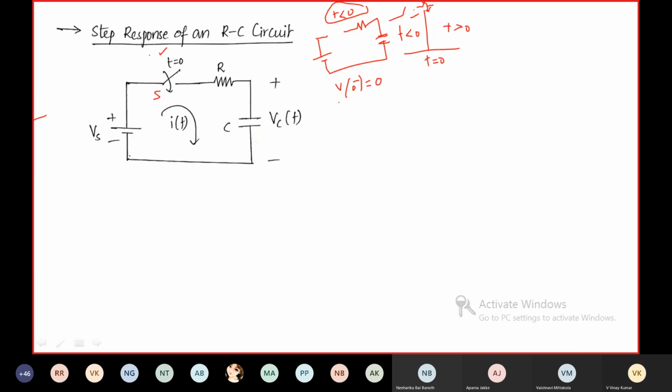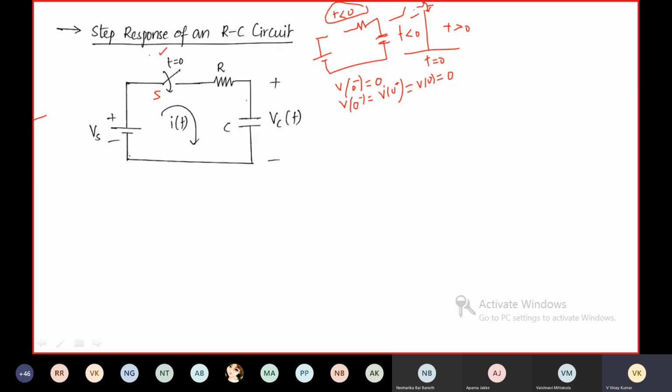Voltage across the capacitor cannot change instantaneously. Meaning v(0 minus) is equal to v(0 plus) is equal to v(0), which is 0.